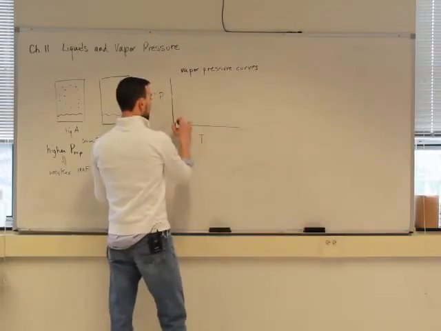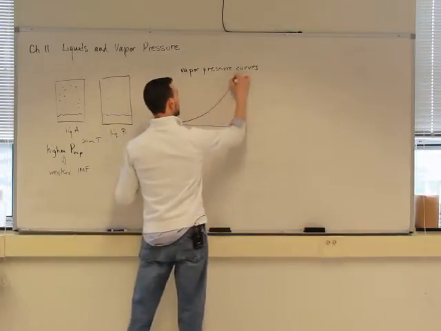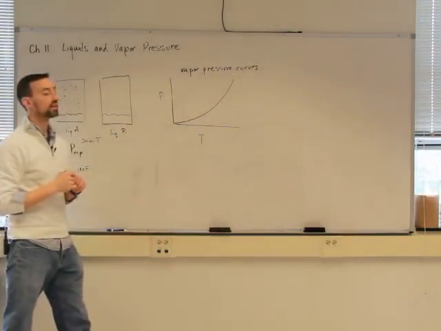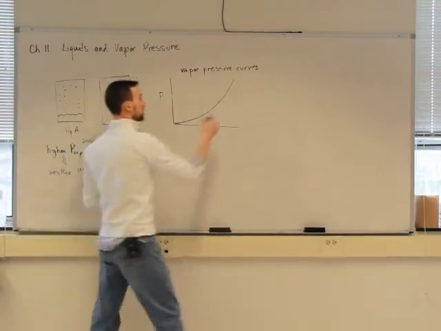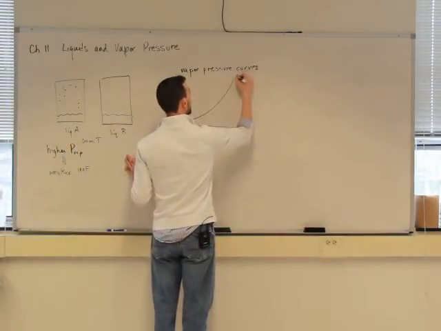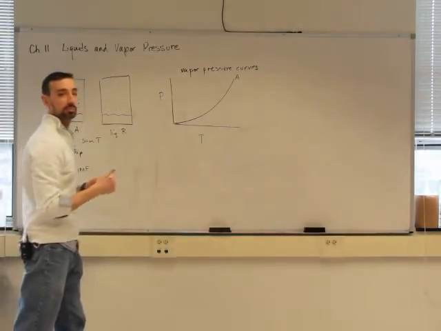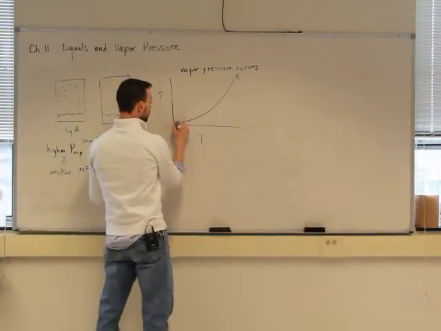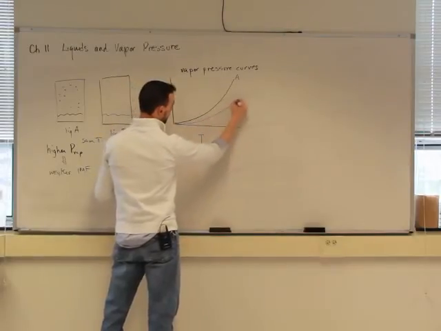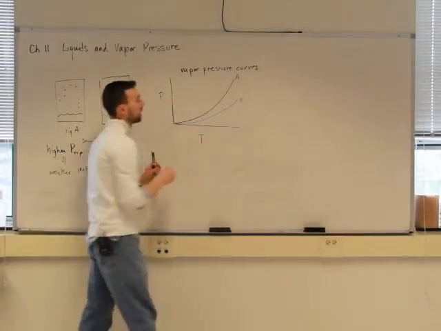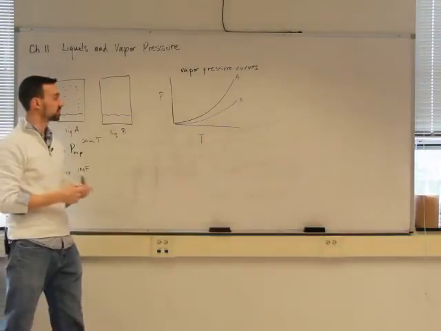And these curves always look something like this. If this was the curve for substance A, the curve for substance B, I can already conclude, would come in underneath it, with a slightly different trajectory.